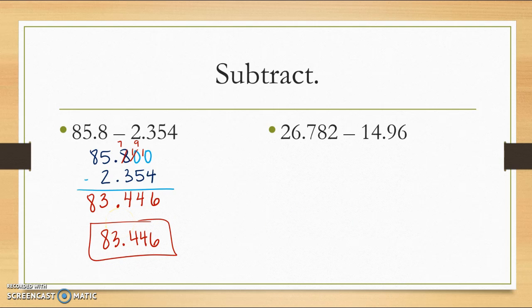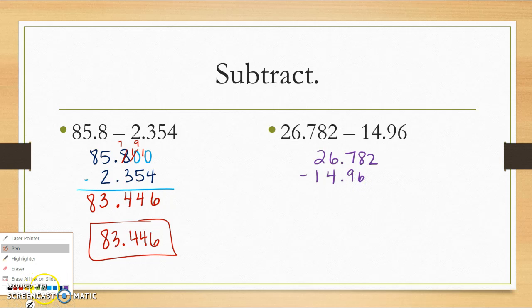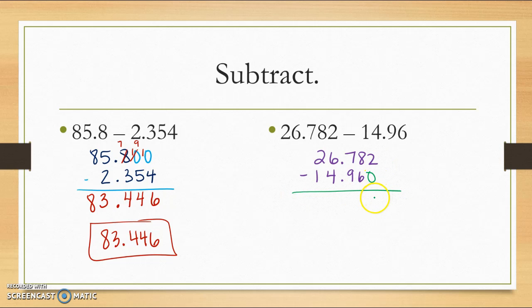Okay, our second problem, again, we are lining up our decimals since we are subtracting. We've got 26 and 782 thousandths minus 14 and 96 hundredths. There's a space there, so I'm going to go ahead and add in a placeholder here. 2 minus 0 is 2. 8 minus 6 is 2.